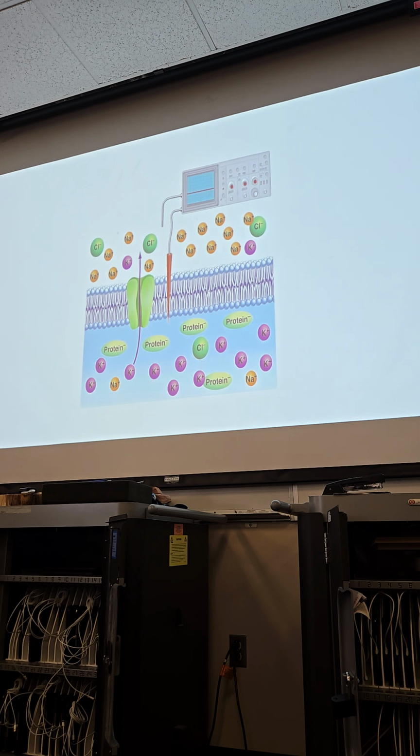And when the membrane's potential changes, it will change the shape of proteins. Okay? And when we typically mean change the shape of proteins, it means it's going to do things like open up a gate. And when it opens up a gate, more ions will move in, or ions will move out. Something will change. And so we'll have a relative difference between the two sides of the membrane.